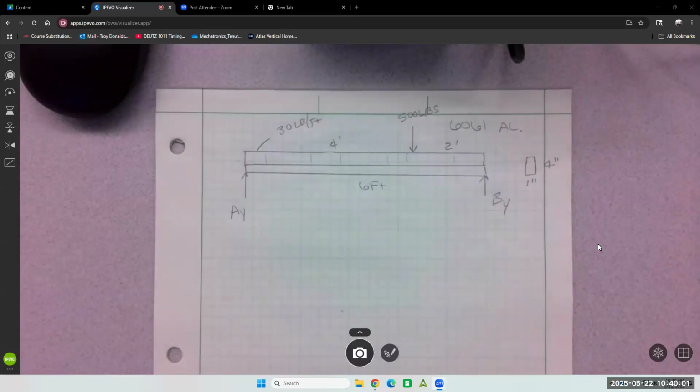I want it to be close. So process is you gotta find the reactions, then you gotta draw your diagrams, get that maximum moment, and then put it in MC over I. That's the plan.